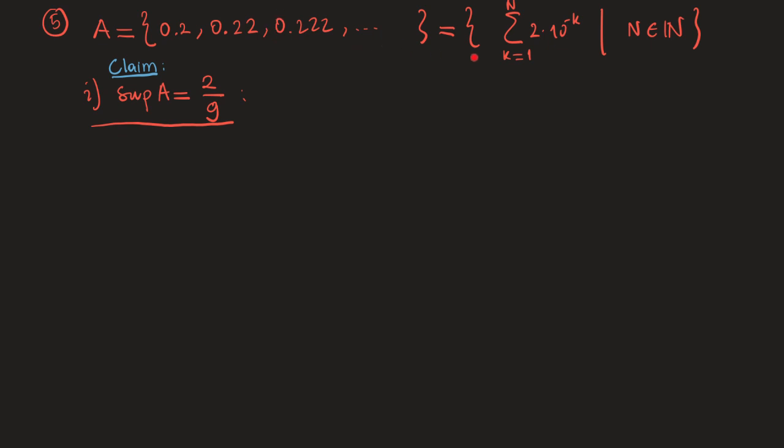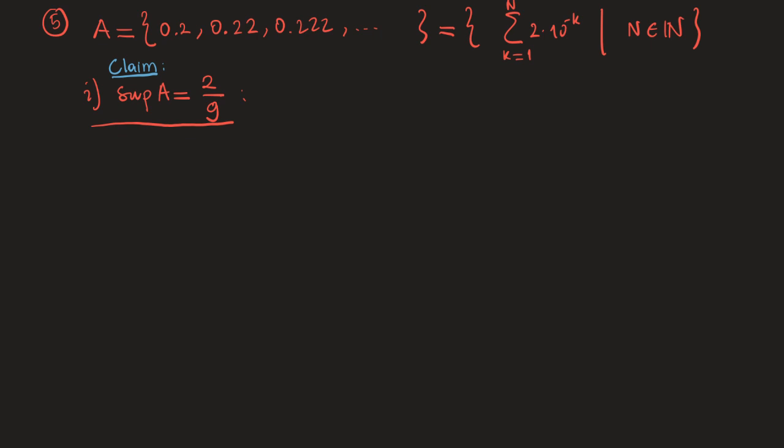So it is a bounded and increasing sequence. So by the monotone convergence theorem, if you remember from earlier courses, it has a limit, which is the supremum of the set. So if we can evaluate the limit of this formula, we will end up with the supremum of the set itself.